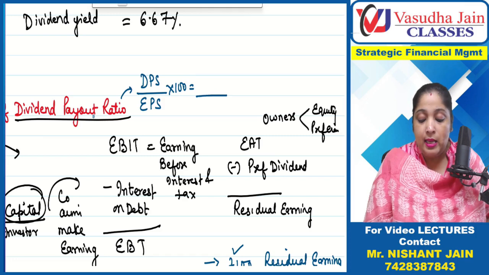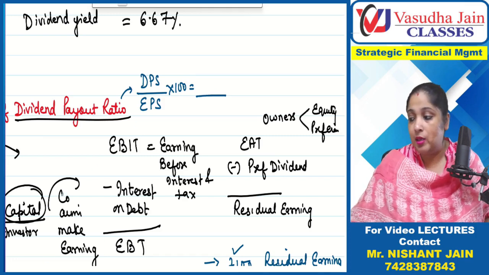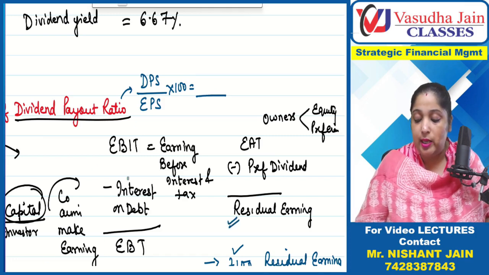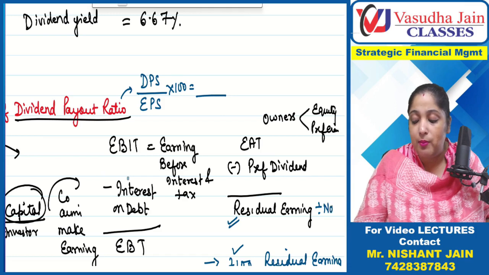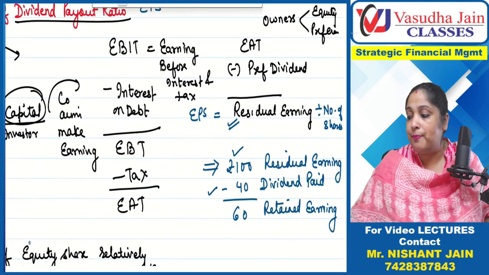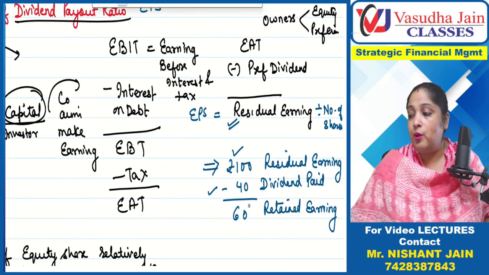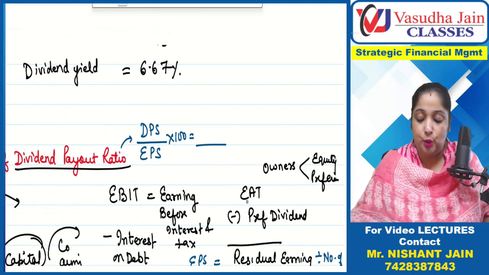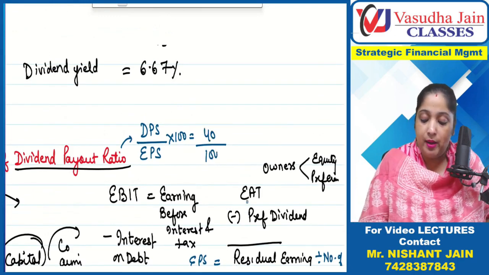Basically it implies that the earning which was made, the residual earning. If you divide residual earning by the number of shares, you get earning per share. So earning per share in our example was 100 rupees, right? And you have dividend payout of only 40 rupees. So 40 divided by 100 into 100.